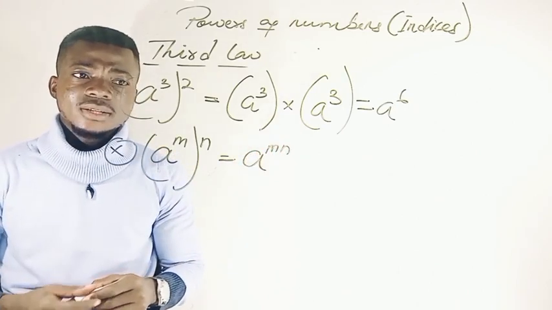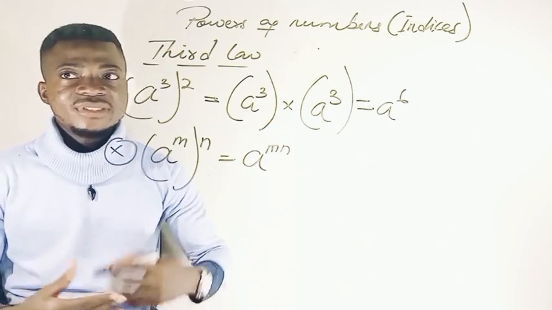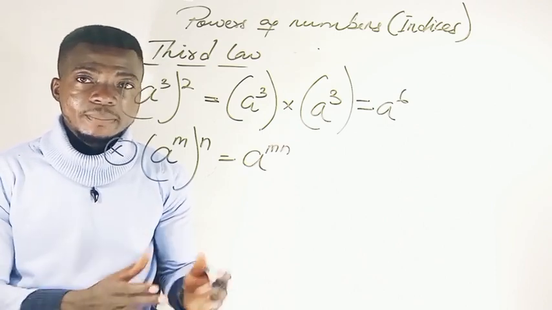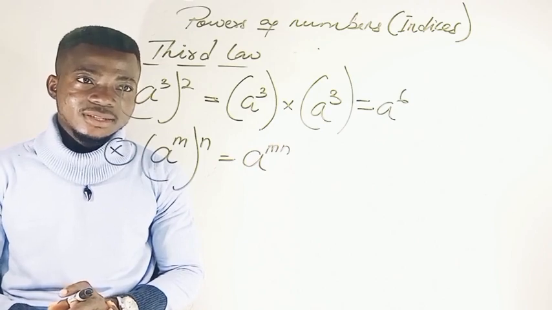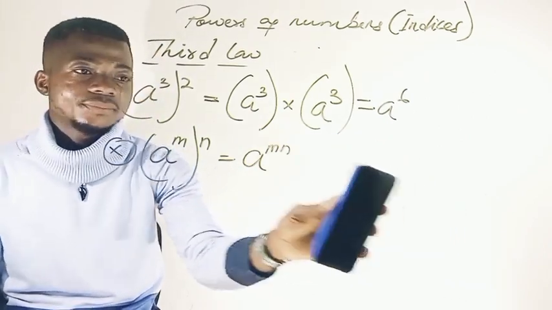So they're just going to multiply. If you have a number raised to the power whatever, and all raised to the power whatever, what you have to do is pick that number, then you multiply the exponents. To make it clearer, let's take some examples.